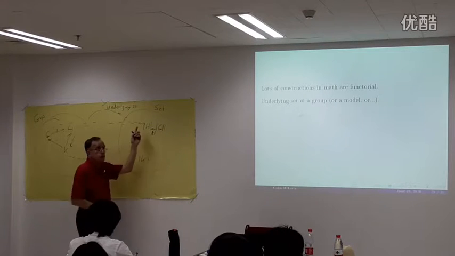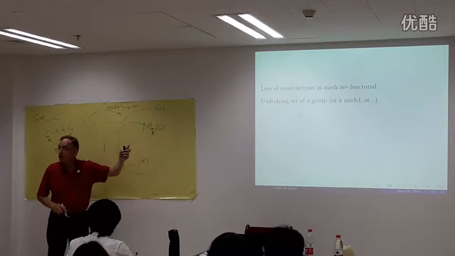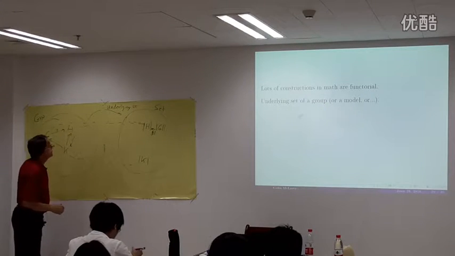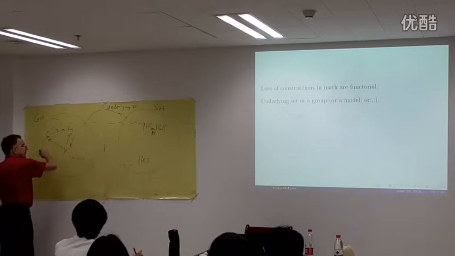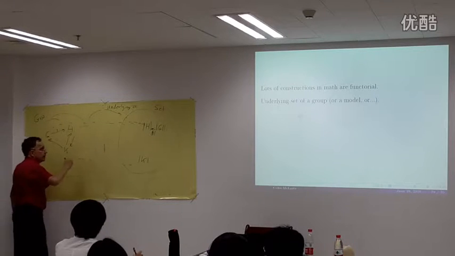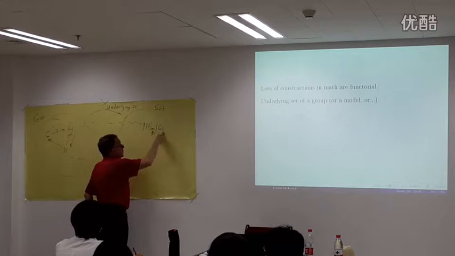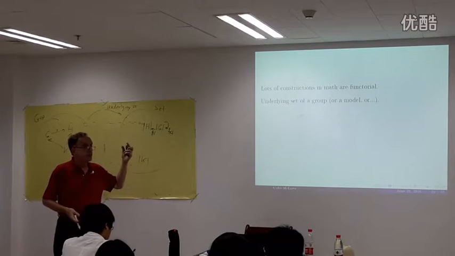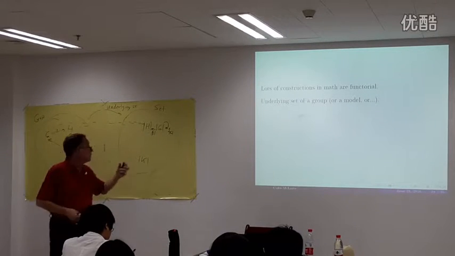Maybe they're different sets, and this is a function from one set to another set. But the identity on G does go to the identity on its elements. The identity morphism on G doesn't change the elements, so it becomes the identity function on the set of elements.